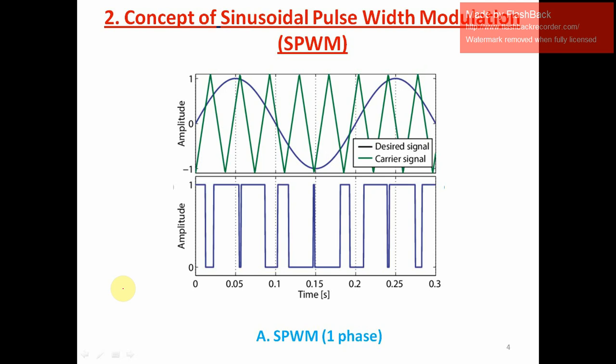The study shows that if we compare the sinusoidal waveform with the triangular waveform, whatever pulses we get give us one of the best harmonic contents in the output waveforms, output parameters like line voltage, phase voltage, or currents also.